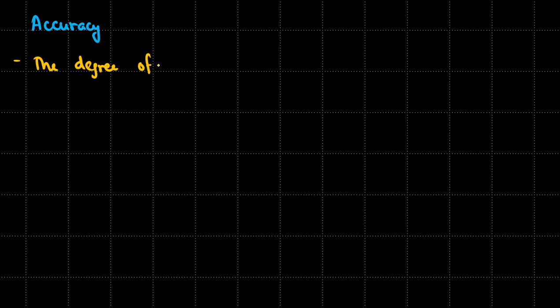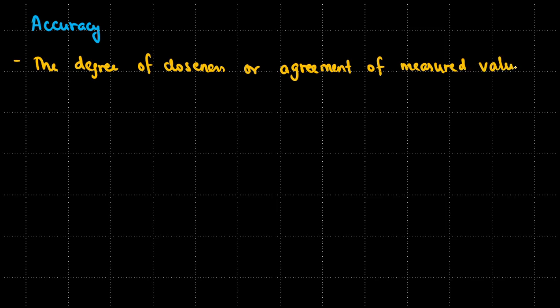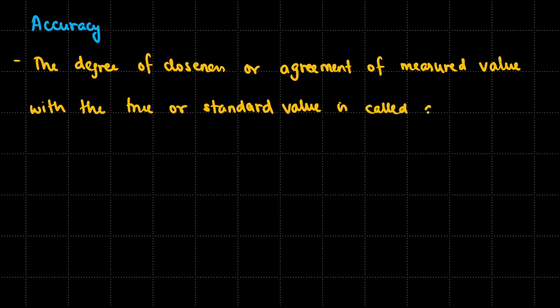Accuracy is the degree of closeness or agreement of measured value with true or standard value.